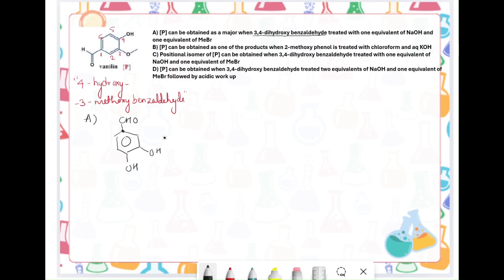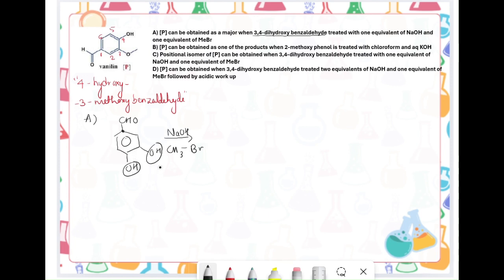It is treated with 1 equivalent of NaOH and methyl bromide. Methyl bromide is also written as MeBr, okay? Then they say that it's forming P. Let's verify that. How to do this? See, there is only one equivalent given, right? Which hydroxyl group is going to react?